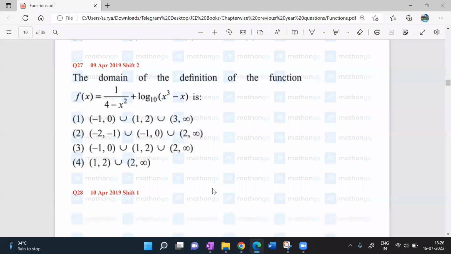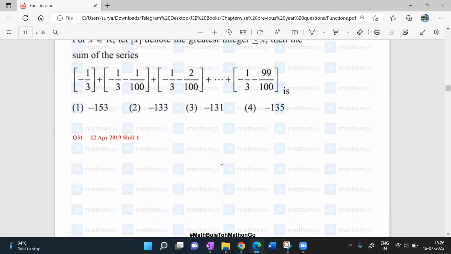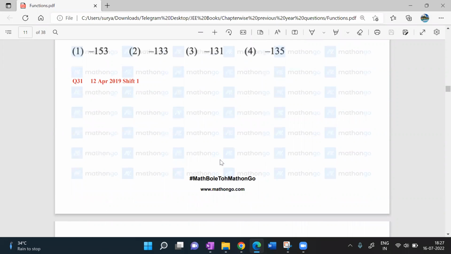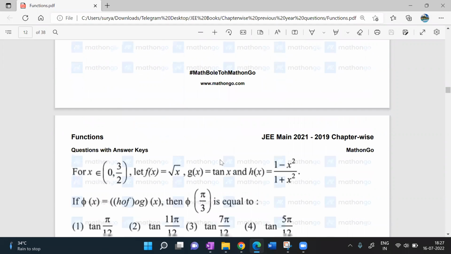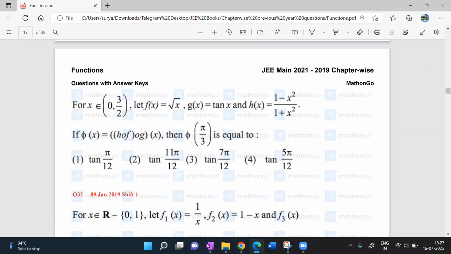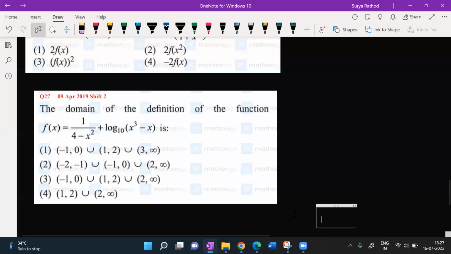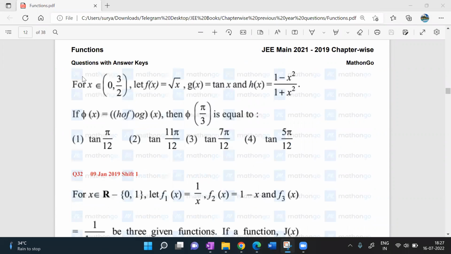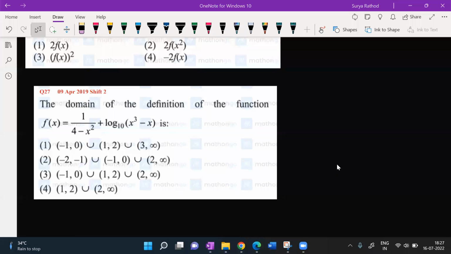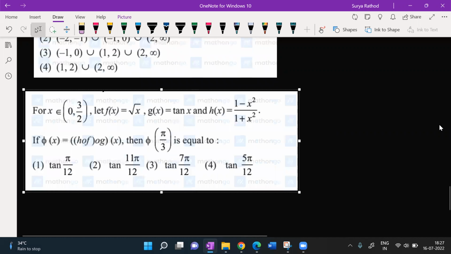It is a 2019 question only. Solve this question quickly.